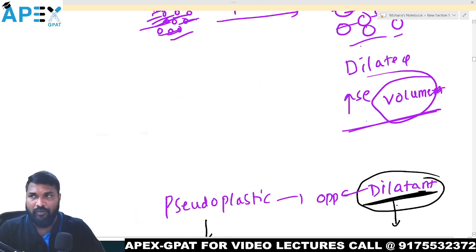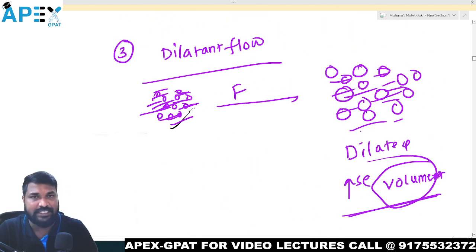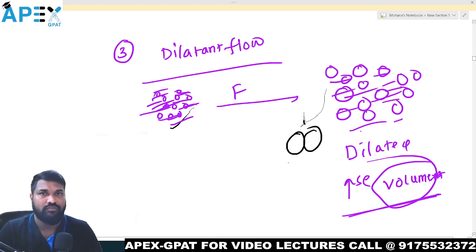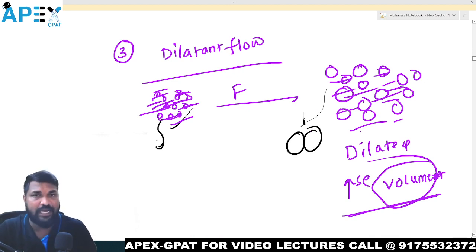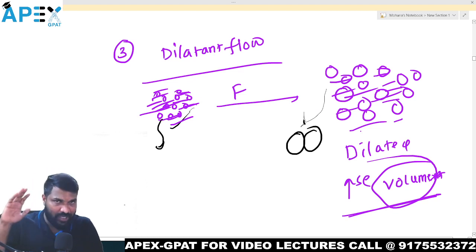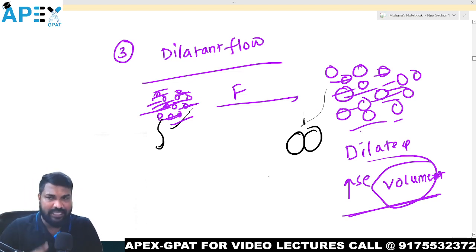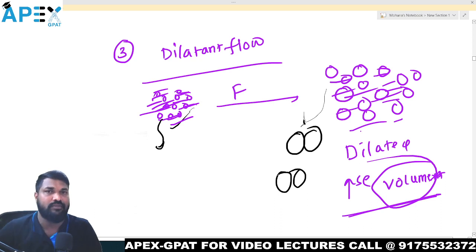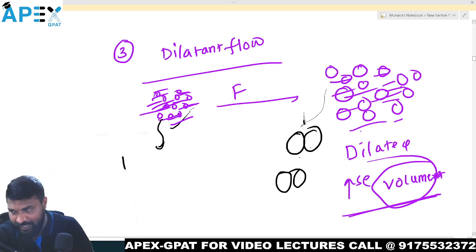Why? When you apply the shear stress, the particles become closer. Initially the particles are individual, a deflocculated system, but after applying the shear stress the particles become closer and adhere to one another, so the viscosity will be more.